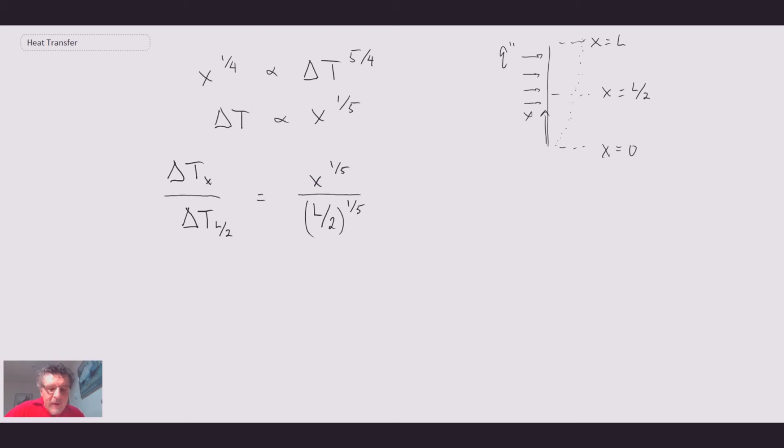Now you notice I put an equal sign in here, and that's because I've taken the relationship at two different places, and you would assume that the constants would be pretty much the same. This is a little bit of an approximation, but it's pretty close. What I want to do with this equation is isolate for delta T at L over 2, because that's what we're looking for here. So let's go through the process of doing that.